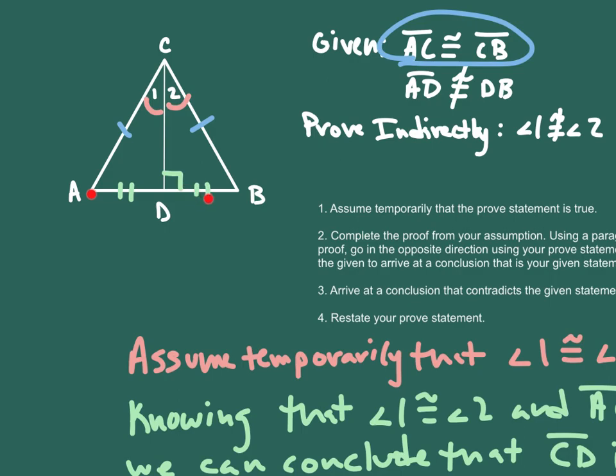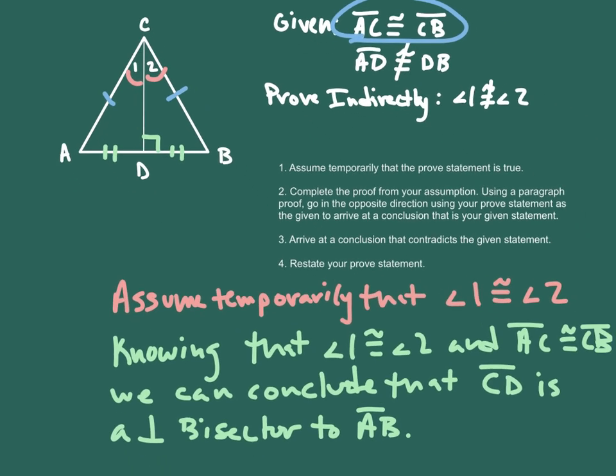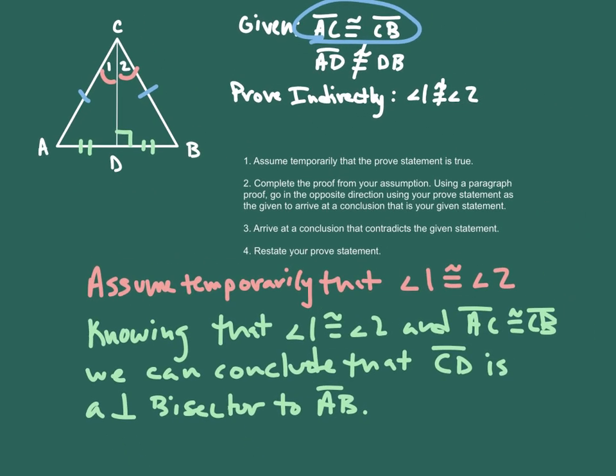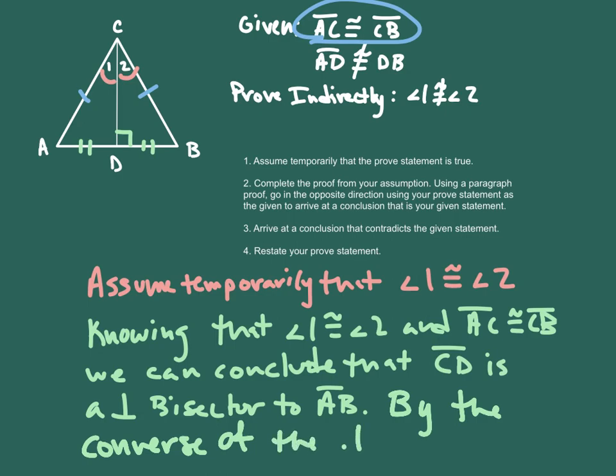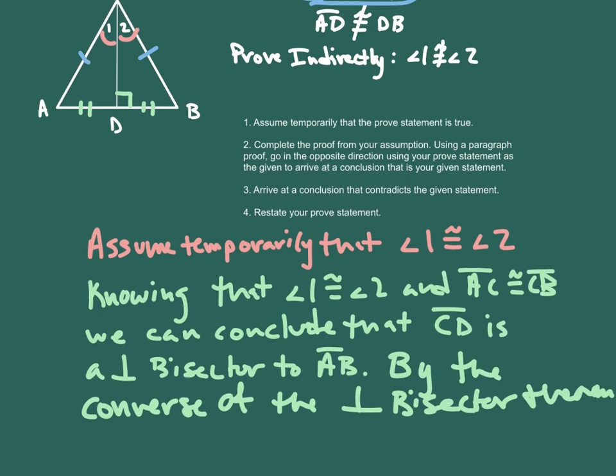So if we know that it's a bisector, we can conclude that AD is congruent to DB, by the converse of the perpendicular bisector theorem.